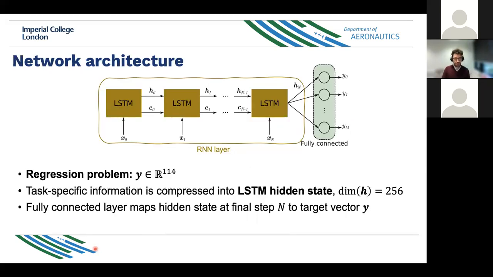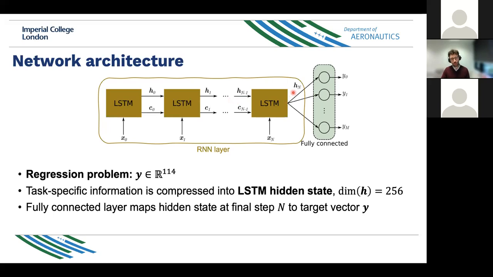The network architecture is quite simple. There's one recurrent neural network layer, which relies on the LSTM architecture. At each time step, we pass the measurements to the LSTM cell. The information from the previous time step is passed onwards through the hidden state and the cell state.